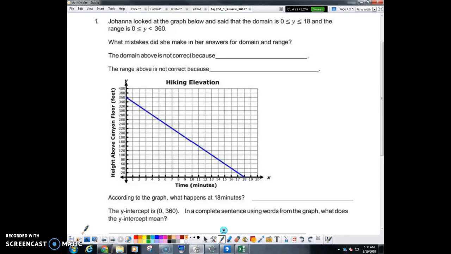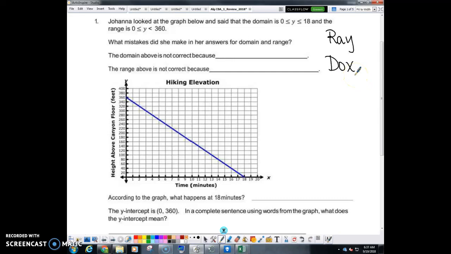Domain, if you remember, is supposed to be x, right? So if you ever forget, just remember Radox. Range is your y, domain is your x.